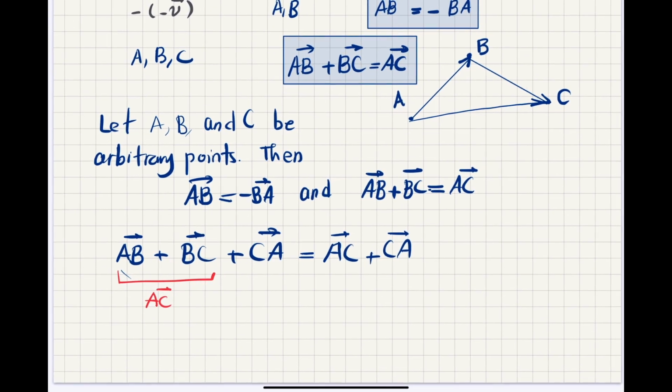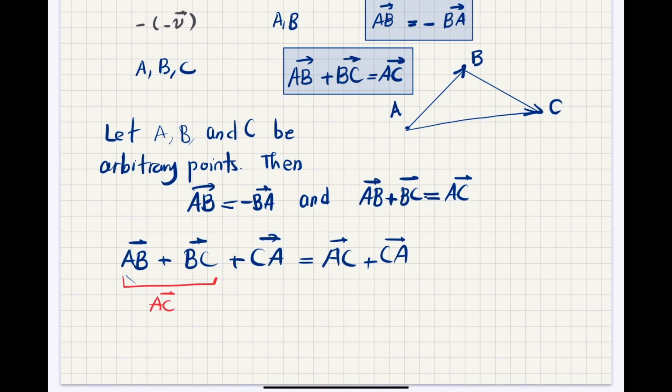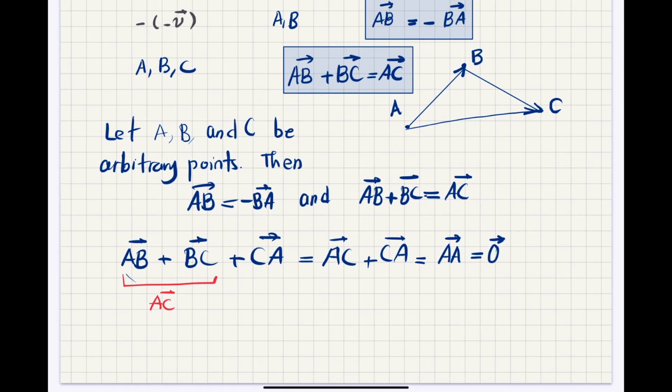So this becomes AA, but there is a better name for AA, and that is the 0 vector. So you can just simplify this. Okay, can I simplify this?